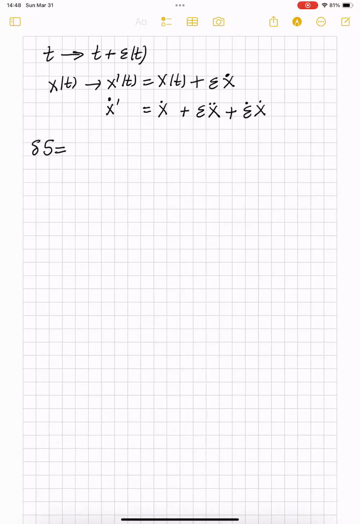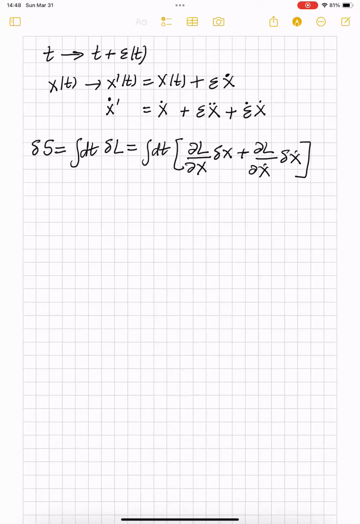So the change in the action will be an integral dt times the change in the Lagrangian. And we know that the Lagrangian is a function of x and x dot. So this will be dL/dx times delta x plus dL/dx dot times delta x dot.